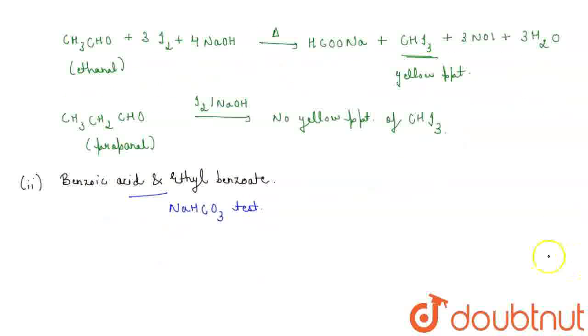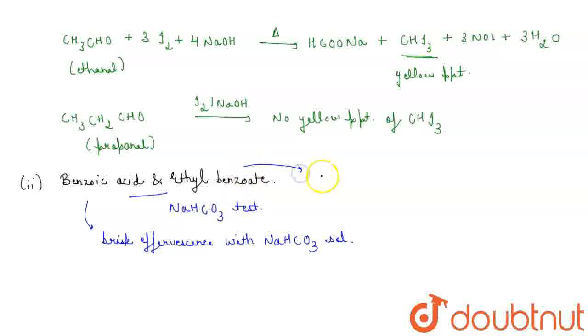Benzoic acid produces brisk effervescence with NaHCO3 solution, while ethyl benzoate does not produce any brisk effervescence while reacting with NaHCO3 solution.